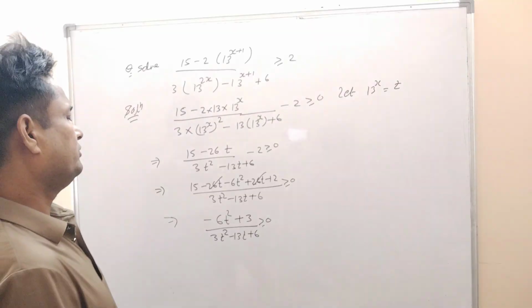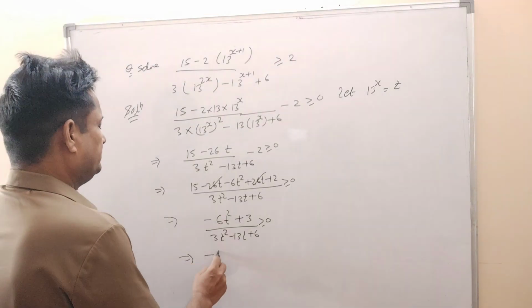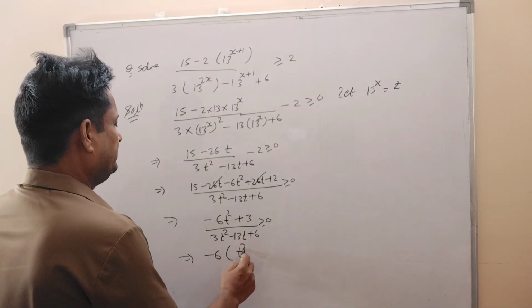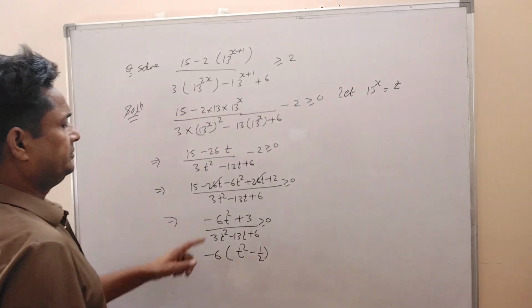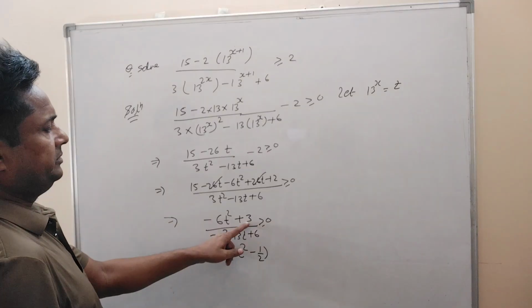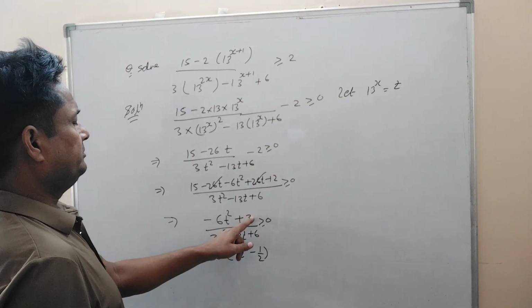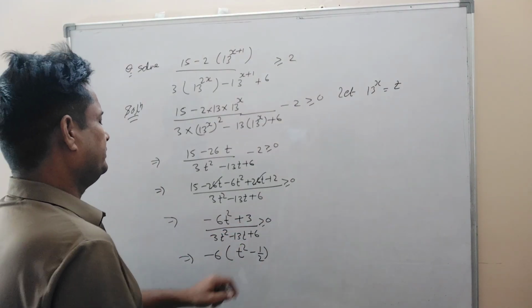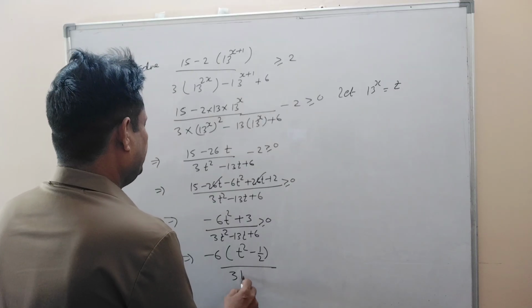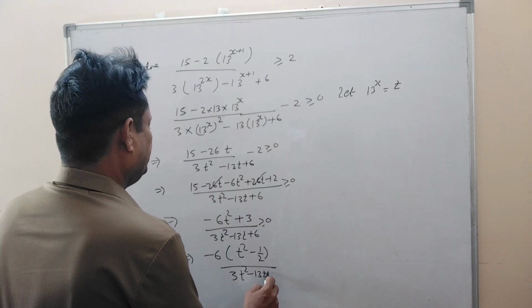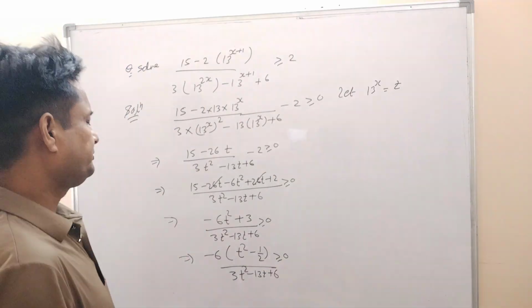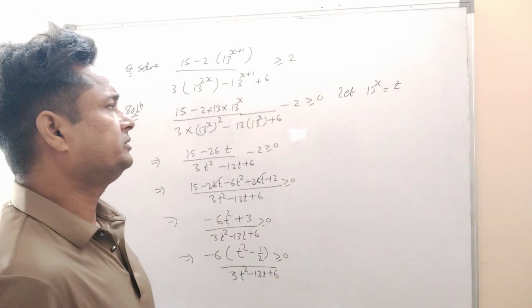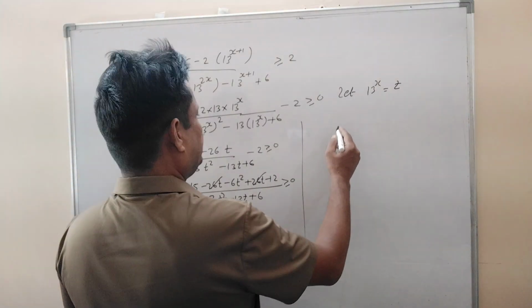Take minus 6 common from here. So this will be t square minus 1 by 2, since 3 by minus 6 is minus 1 by 2, divided by 3t square minus 13t plus 6 greater than or equal to 0. Now divide by minus 6. So this can be written as how much?